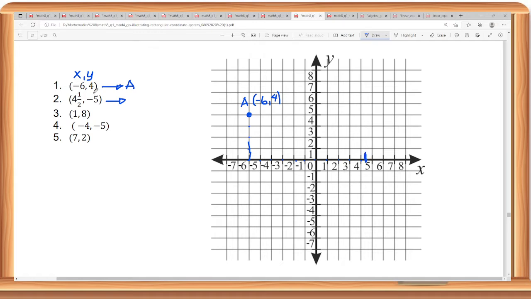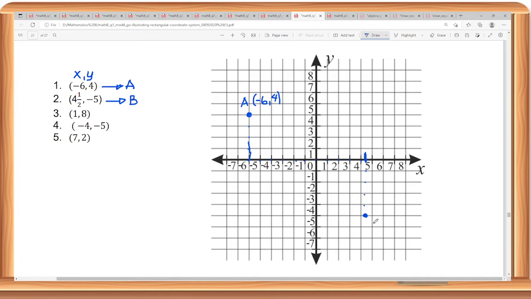And then the y coordinate is negative 5, so the point must be below the x-axis. So negative 5 is here. From here, let's count negative 1, negative 2, negative 3, negative 4, and negative 5. So let's name this point B.